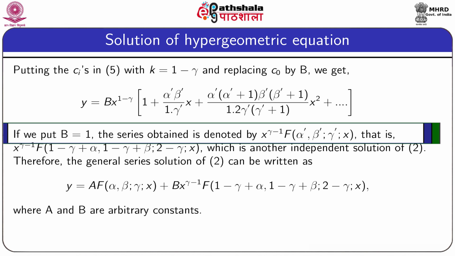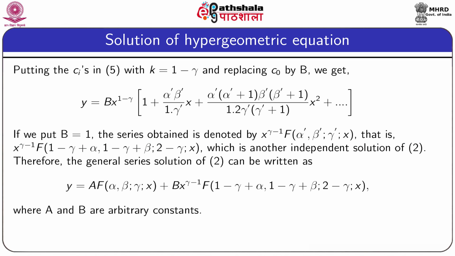the power gamma minus 1 f of alpha dash beta dash gamma dash x, that is x to the power gamma minus 1 f of 1 minus gamma plus alpha, 1 minus gamma plus beta, 2 minus gamma and x, which is another independent solution of this hypergeometric equation.